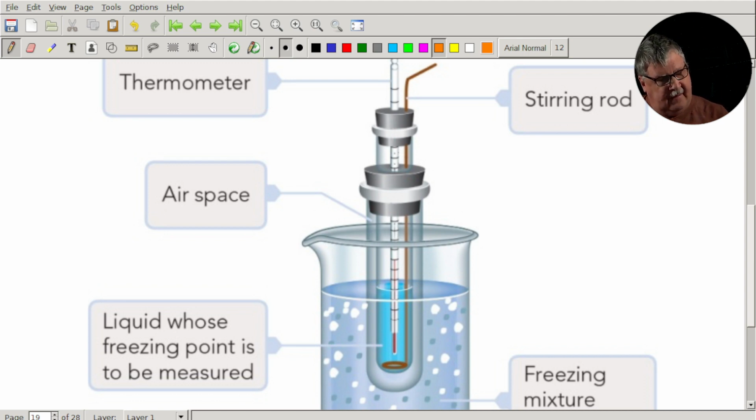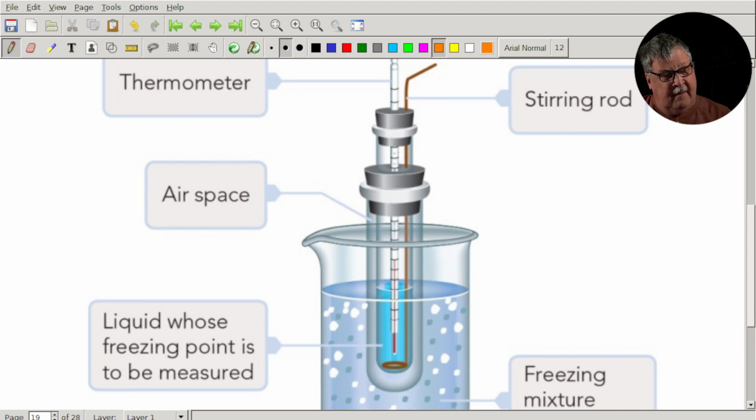If you have a solvent that freezes around room temperature, cyclohexane would be a good example of that. That's one of the reasons we choose tertiary butanol as well, because it freezes at 25 degrees Celsius or thereabouts. You can use an ice bath to get this stuff to freeze. The same is true with cyclohexane.